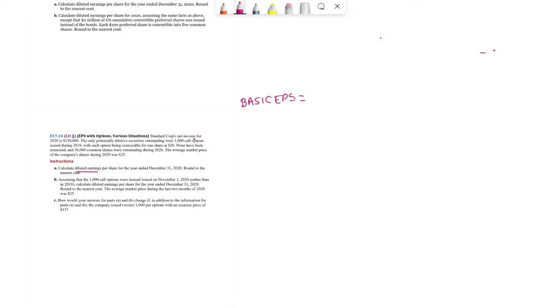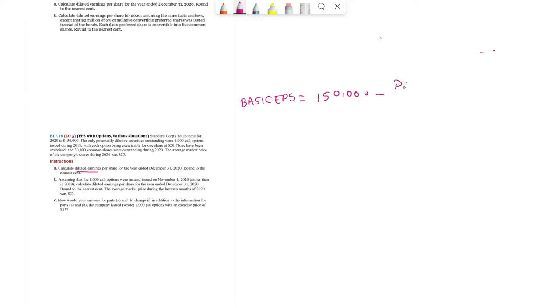Standard Corporation's net income for 2020 is 150,000. The only potential dilutive security outstanding were 1,000 call options issued during 2019. Before we go further, what is my net income? In this case, my net income is 150,000.